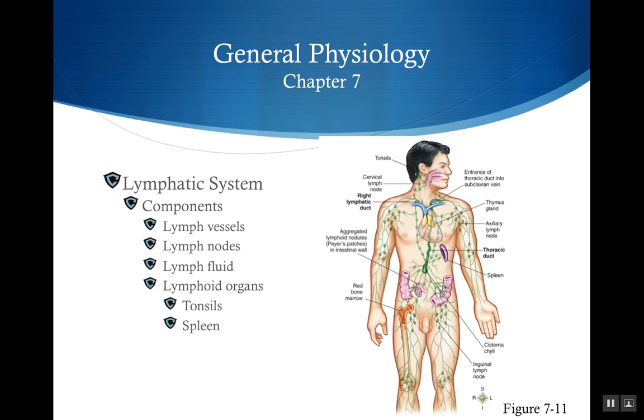It's just below the diaphragm and directly behind the stomach. It produces lymphocytes and monocytes, which are, again, both important cells that help us prevent and fight infection. The spleen also filters debris, stores red blood cells, and helps remove worn out blood cells.